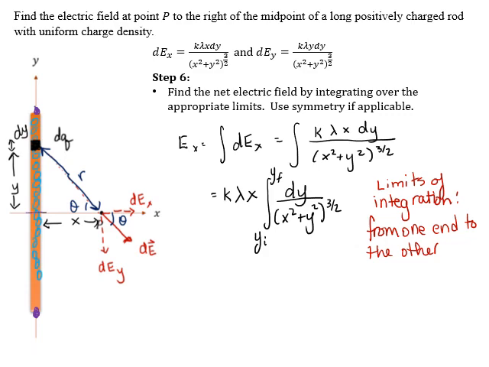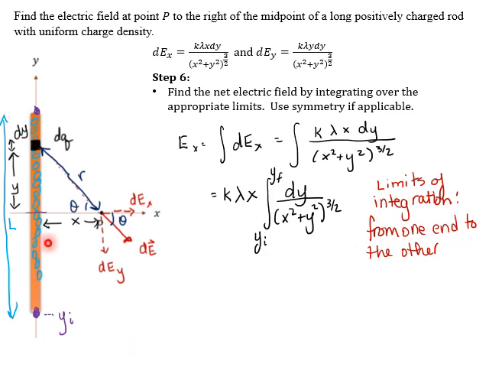So we'll start at the bottom end of the rod. This is y initial. This part is pretty important that you get this right, because if you mix up the limits, you're not going to get the correct answer. This is 0. This is where the origin is. The rod has a length of L. So from here to here is length L.